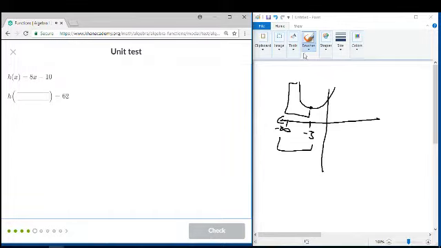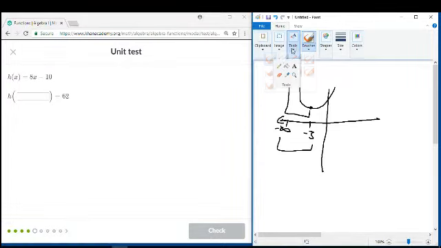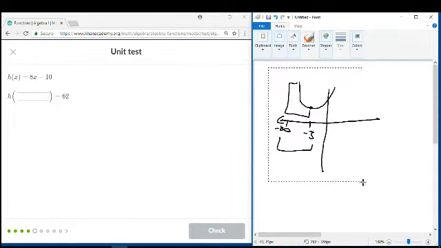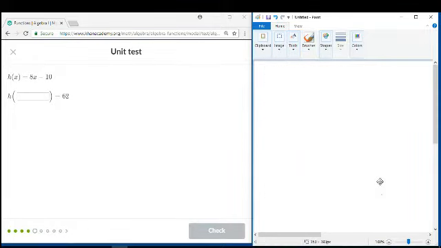All right. Okay. H of x equals 8x minus 10. This notation might mess you up, but really all it's saying is that 8x minus 10 is equal to 62.